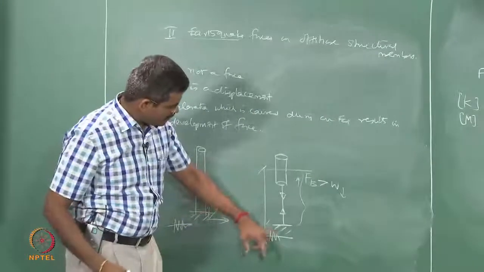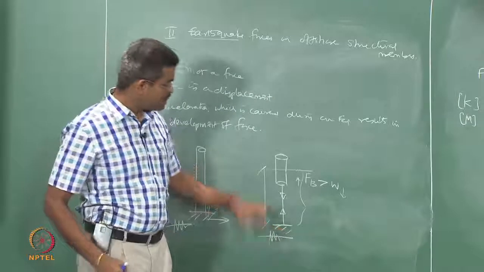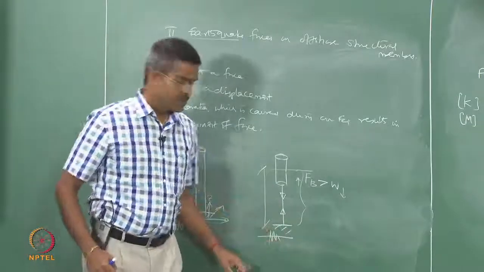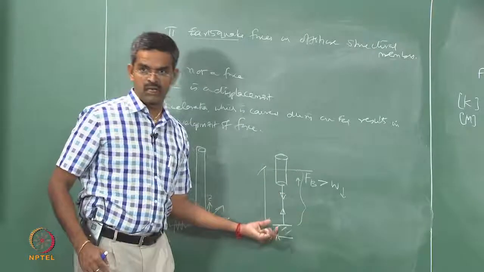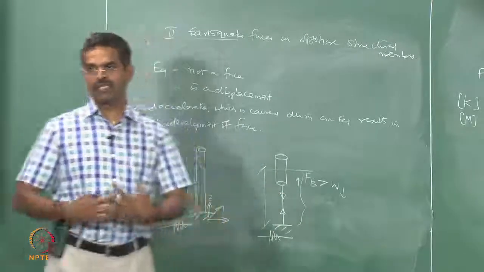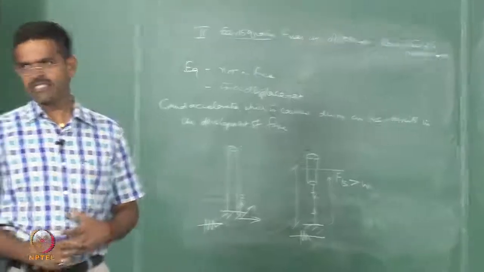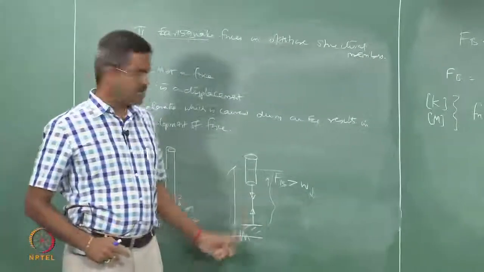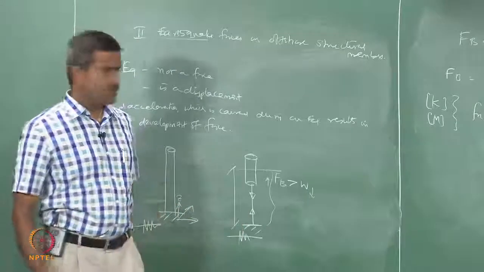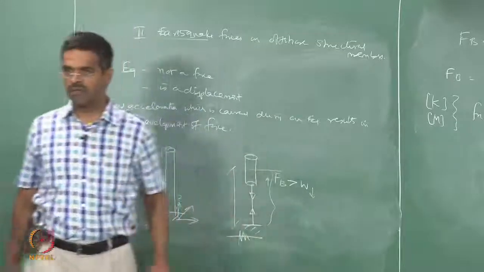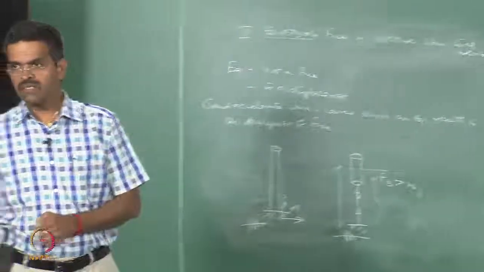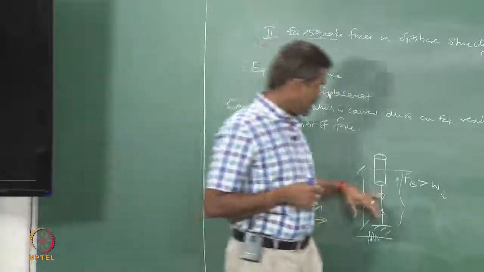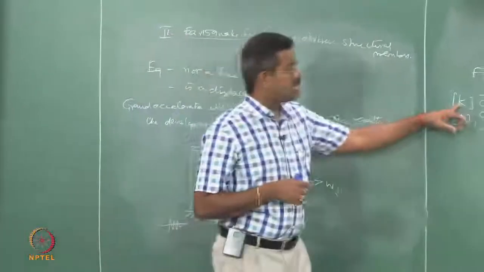When the earthquake is applied at the bottom, since the tether is connected at one end to the ground, which is moving, the tension in the tether is changing, because the tether is an inextensible cable, strictly speaking. So, when it moves, because of the length variation caused by the movement, the tension has got to change, because tension is AE by L. When the length changes, AE by L will change, because K will change. When the tension changes, your stiffness matrix will change.